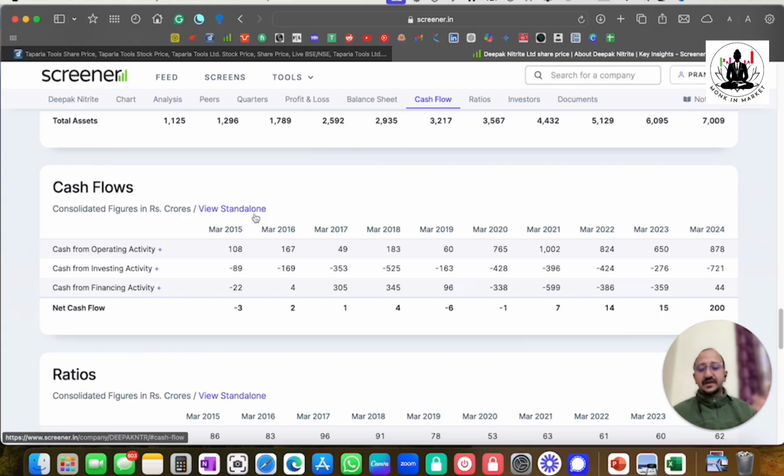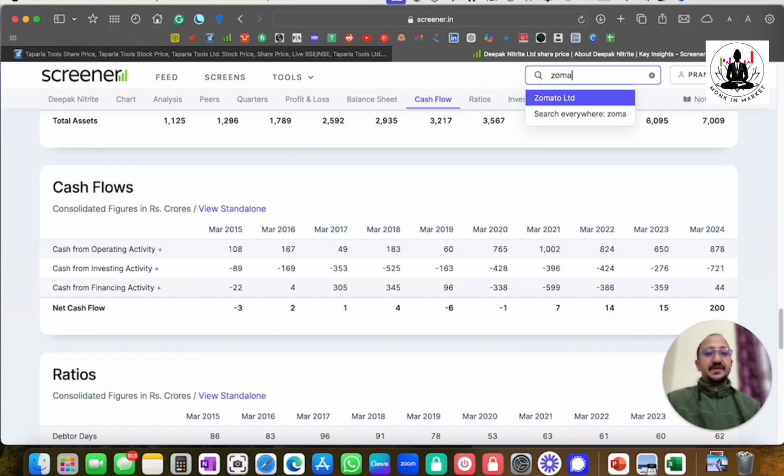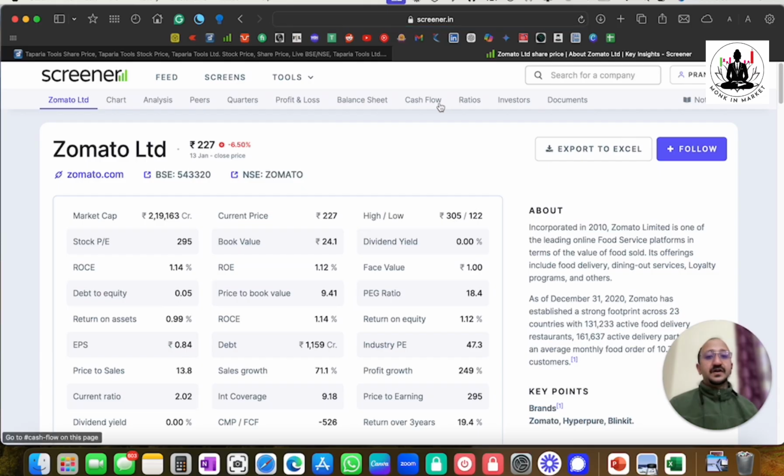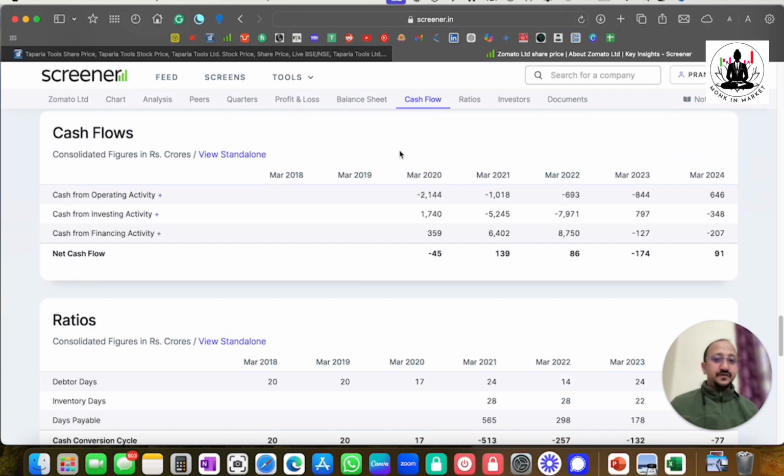Second, macro level activity should also be good. If anything falls, debt can collapse. All the big companies collapse because of debt itself. So you have to keep in mind whether debt is a good sign, what is happening in terms of the macro level, and what is happening in terms of the revenues.